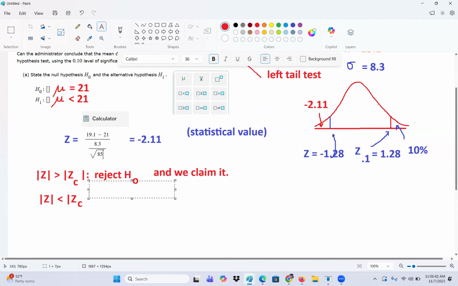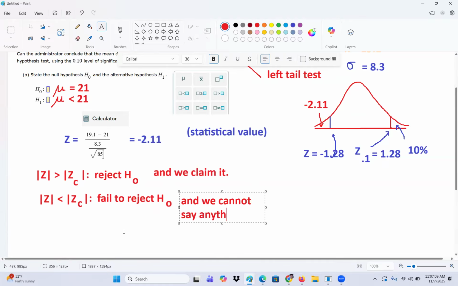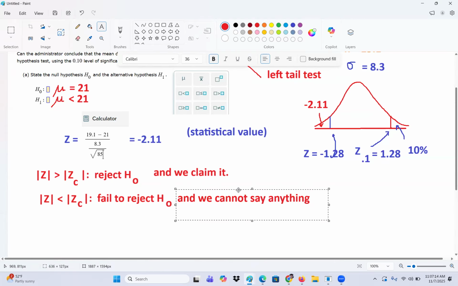The reason I'm using absolute value is that I just want to compare the magnitude instead of looking at the sign. So we fail to reject the null, or do not reject the null. And then we cannot go with the claim, so we cannot say anything. So that's one of the things that we should know. We only look at the magnitude.